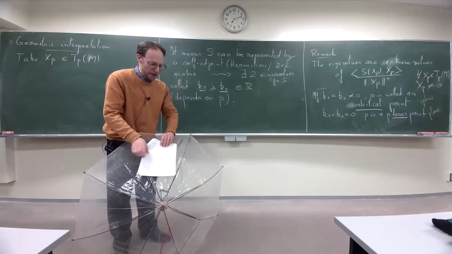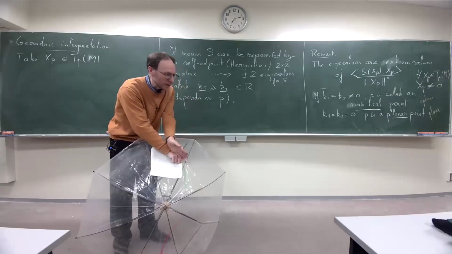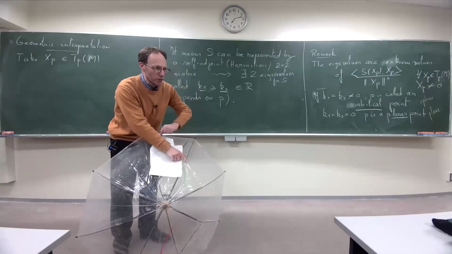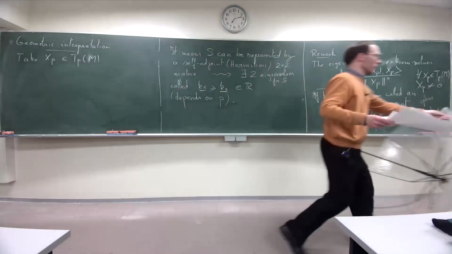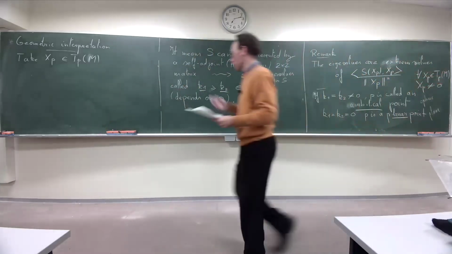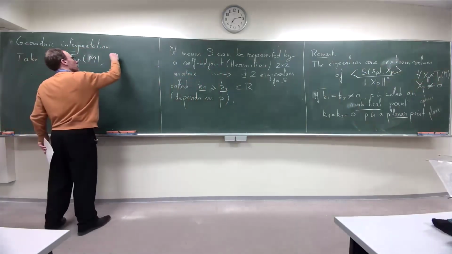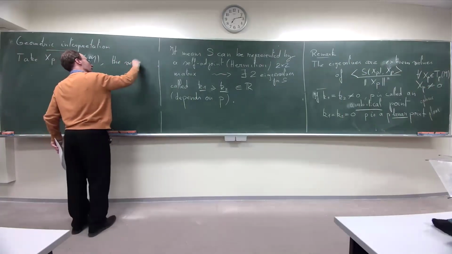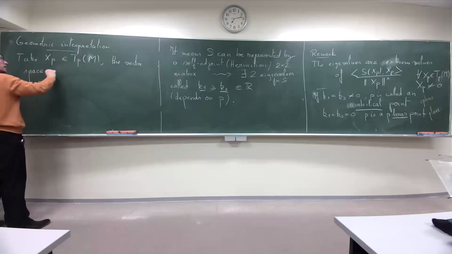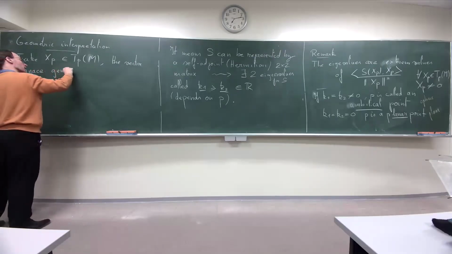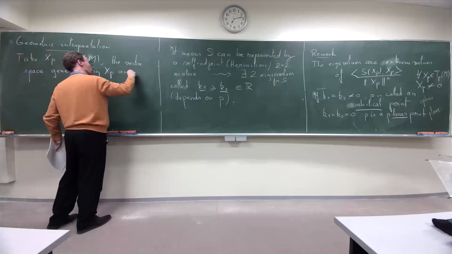So it defines a plane, and this plane is going to intersect the manifold along a curve, at least locally. So this is the concept I need. We define the intersection of a plane with the manifold. Take the vector space generated by xp and np.